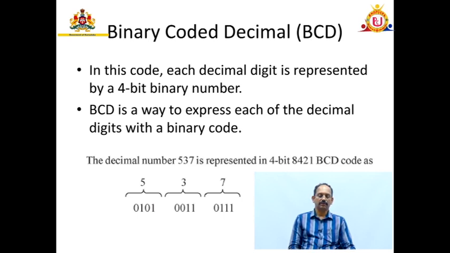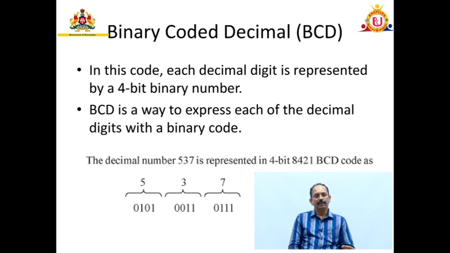On your screen, binary coded decimal. In short, it is called as BCD code. It is a weighted code. It uses a weighted position and it is a 4-bit length code, binary code.